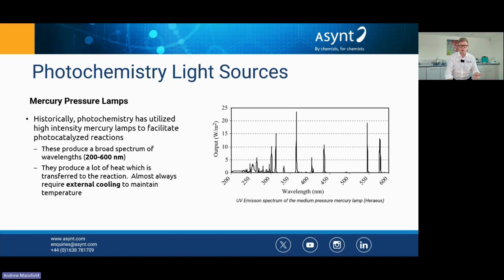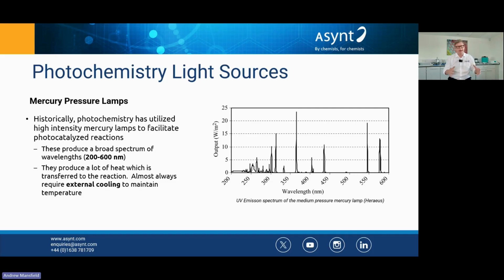Now we can use filters, for example. We can use long pass filters to block the shorter wavelengths, or we can have bandpass filters to be more selective and filter out certain wavelengths to get to the wavelengths of choice. But it's very difficult to get monochromatic light sources from these lamps.